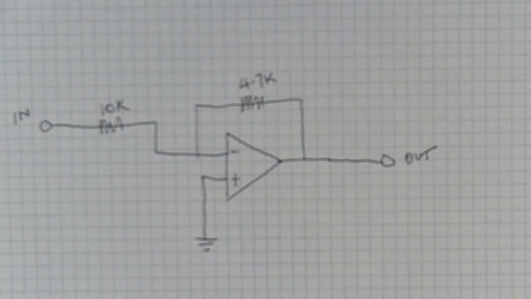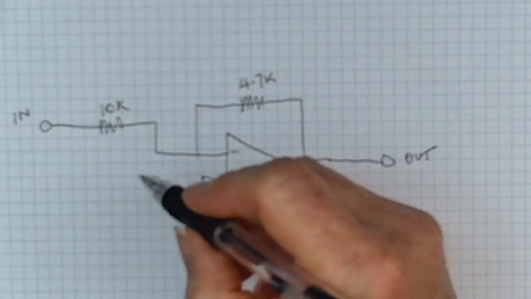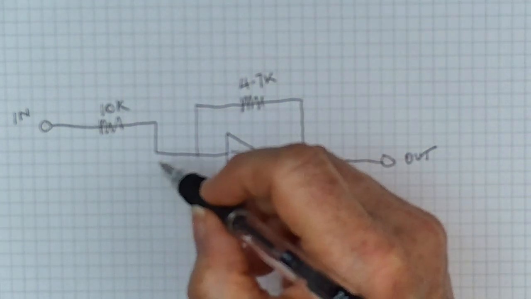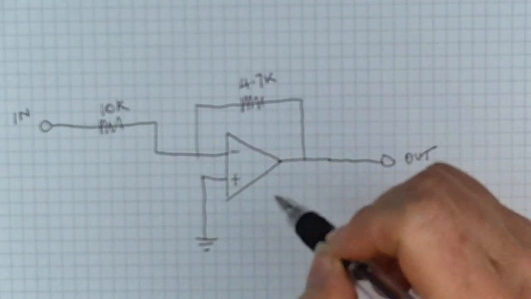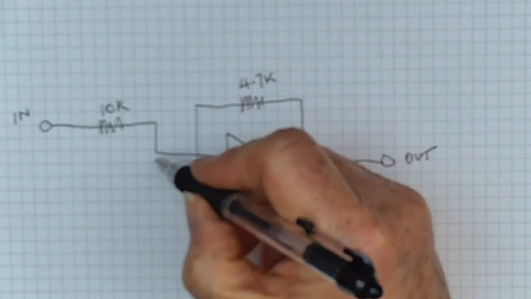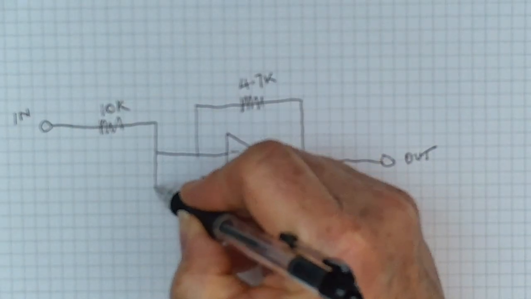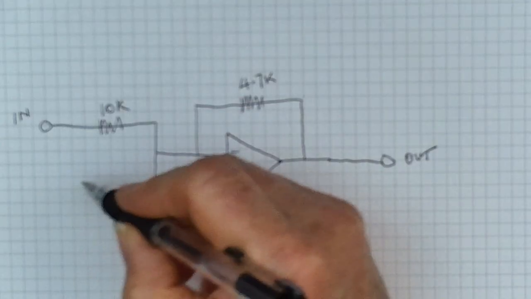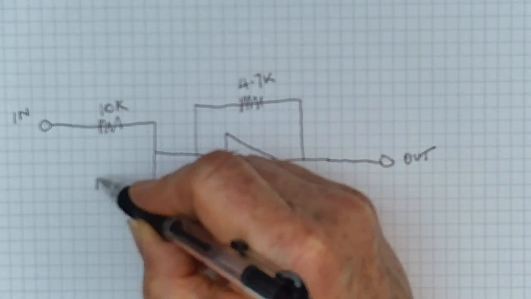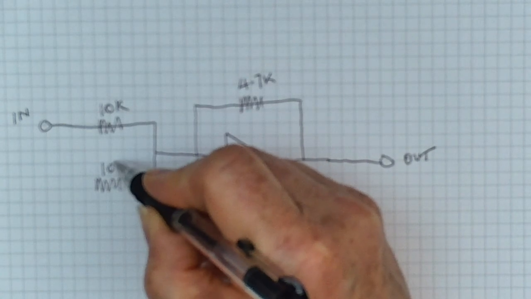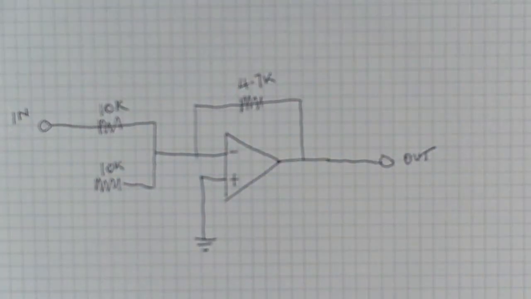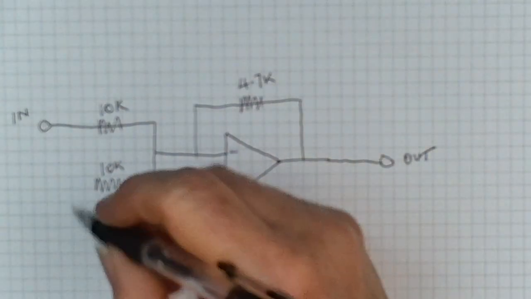So now let's think about how we're going to put an offset in. Well, what we'll do is we'll sum the offset voltage into this op-amp so that we then have some control over it. So we'll take another input, we'll use the same resistance so that we get the same ratio of attenuation through the op-amp, so we haven't got to mess about matching things.